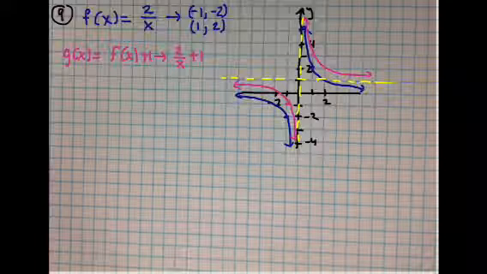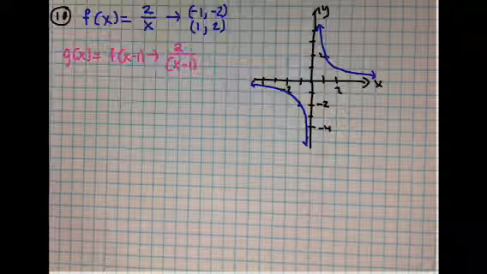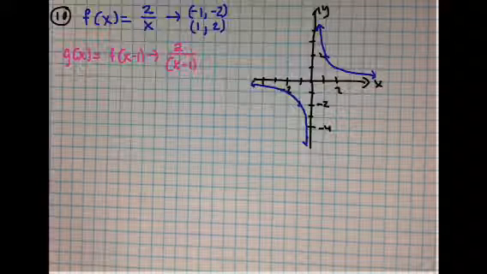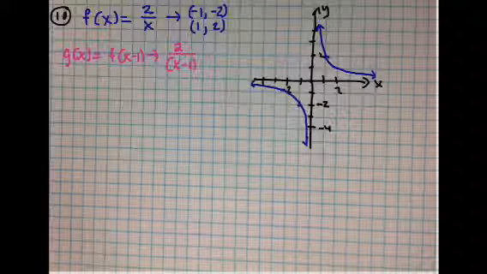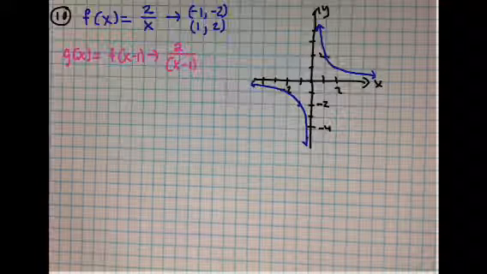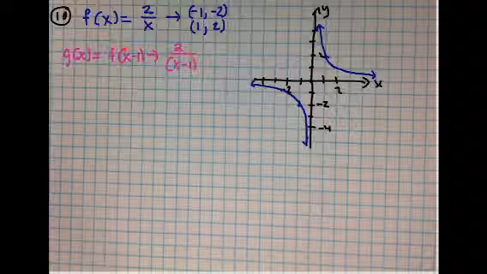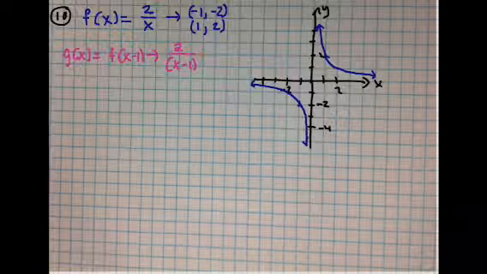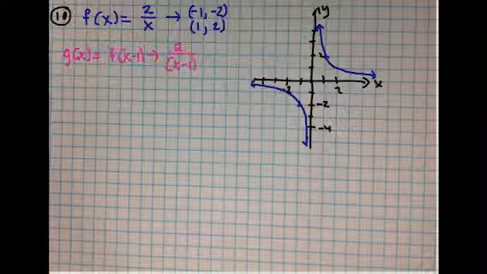Okay, so that's it. Alright, so for number 10, g of x is f of x minus 1, which means that the graph is being translated 1 unit to the right. So this is the notation for that, and this is how it would look with the actual function f of x. So that means it's the blue graph translated to the right 1 unit.